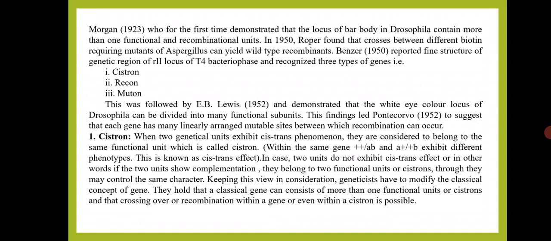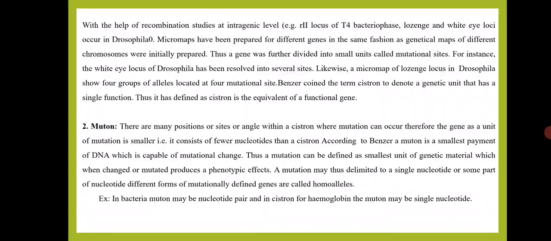Cistron can be explained thus: the two genetical units exhibit cis-trans phenomena. They are considered to belong to the same functional unit, which is called the cistron, within the same gene, and exhibit a different functional cistron.